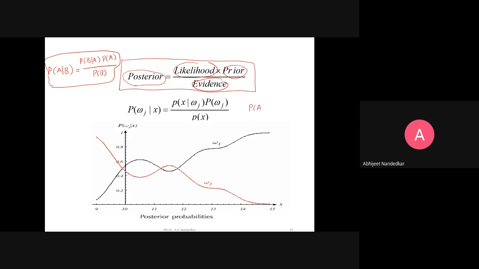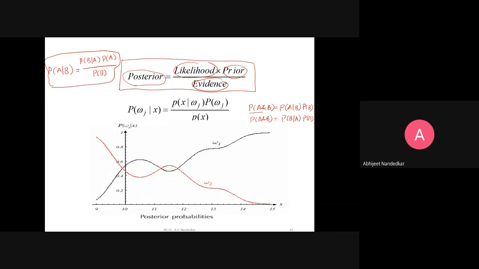Probability of A and B is equal to probability of A given B into probability of B. This is also equal to probability of B given A into probability of A. So you can equate these two equations.